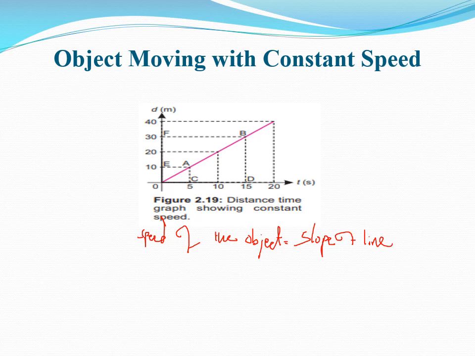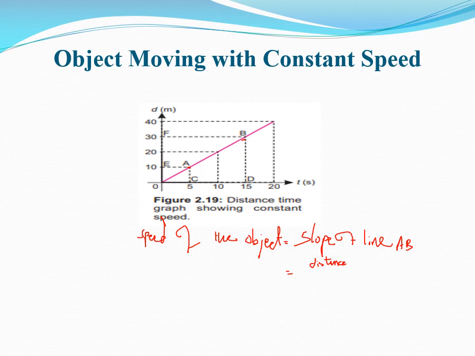Here we mentioned two points, A and B. So how to find the slope? Slope is also known as gradient, so the parallel name should be noted down.